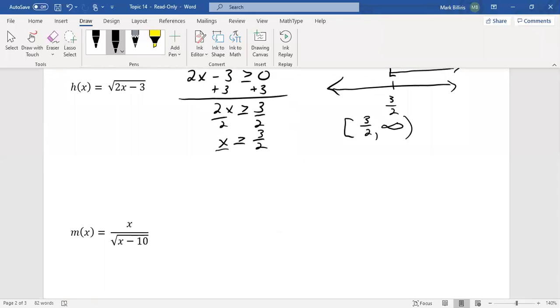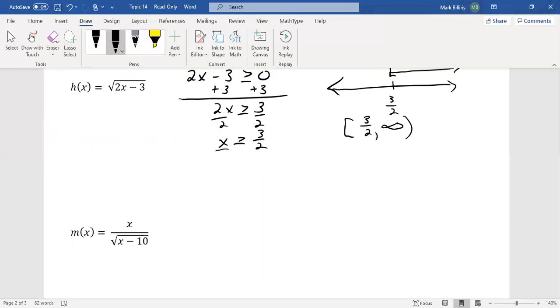Our next example, we have x over the square root of x minus 10. So we have two restrictions. The first restriction is that the denominator cannot equal 0. The second restriction is that since we have a radical, x minus 10 has to be greater than or equal to 0.